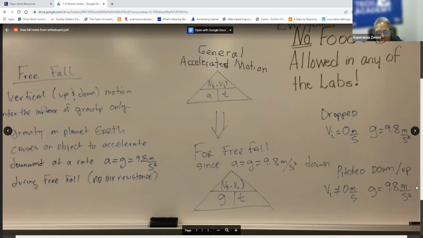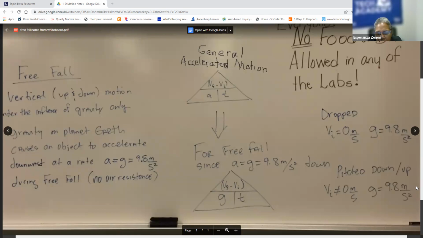The only difference is, in this particular case, since I dropped it, its starting velocity has to be 0. So V naught or VI equals 0. But gravity is still working. When I drop it, gravity takes over. And so the object is going to be accelerated 9.8 meters per second squared down. Okay.